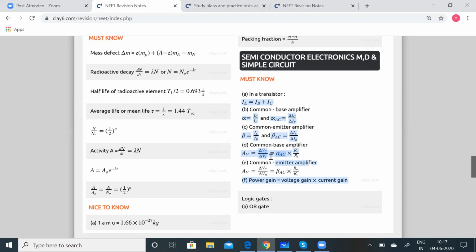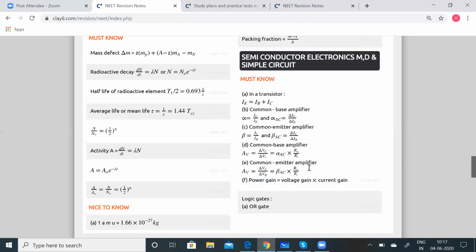Or you can even put it as alpha AC into RO by RI, where RO stands for the resistance of the output and RI the resistance of the input.